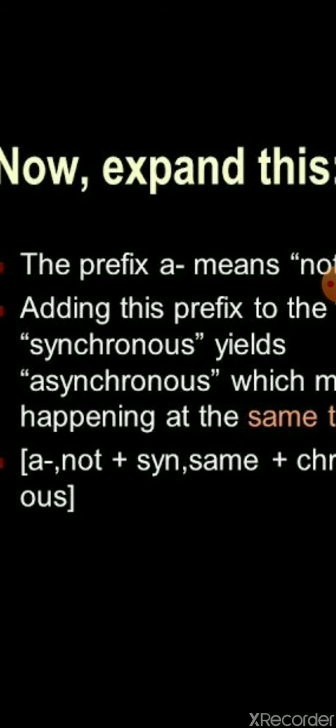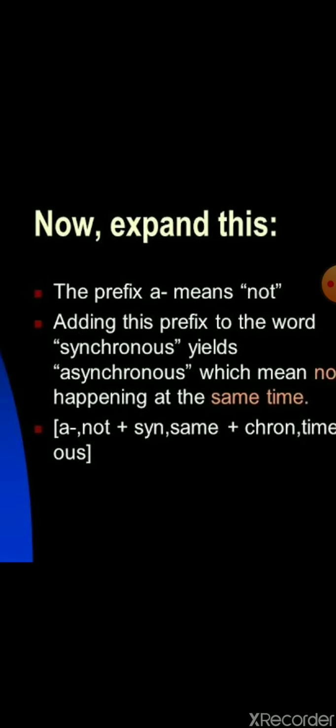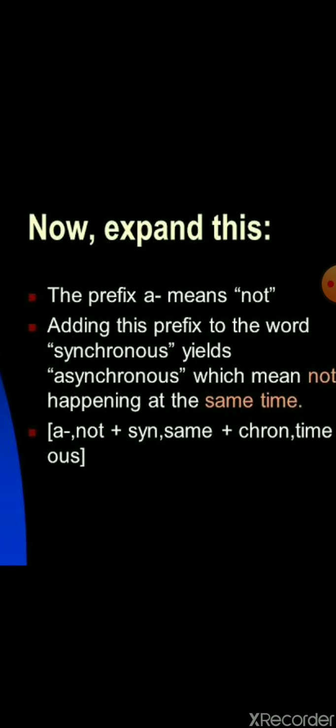Asynchronous is a combination of how many roots? First is syn, then chron. Two roots. So a is the prefix, plus syn, which means same, as in synonyms, syn means same, plus chron, which means time. Now the meaning of this word is not happening at the same time.